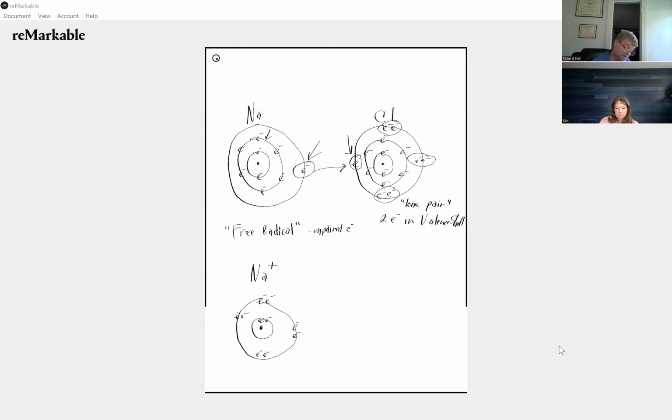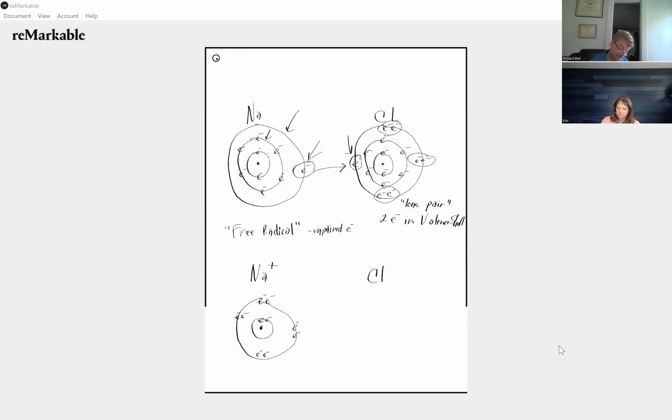But now we've lost this electron in the outer shell, in the valence shell. We've lost that. So if sodium becomes a positive charge, what charge does chlorine become when it gains an electron?